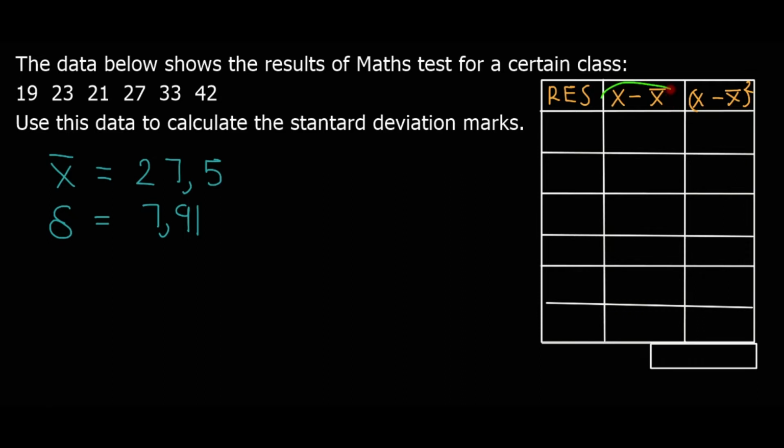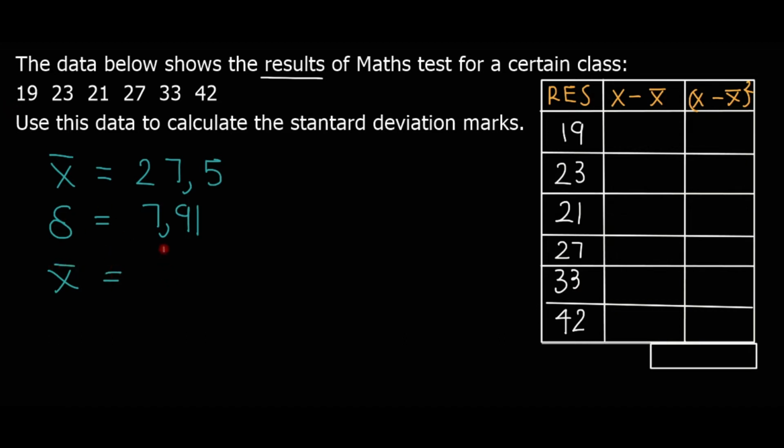So we insert the data: 19, 23, order doesn't matter, 21, 27, 33 and then 42.